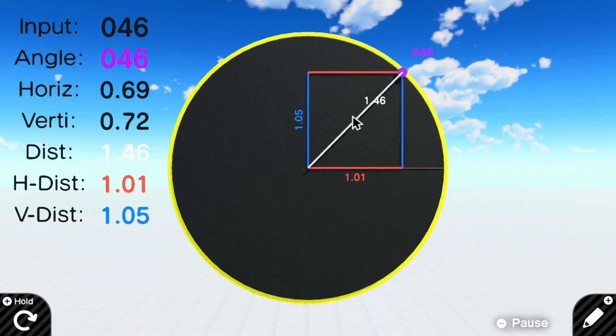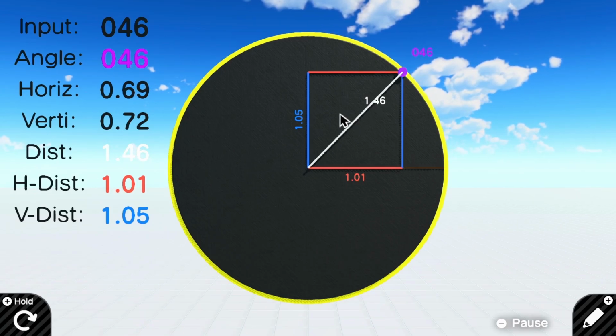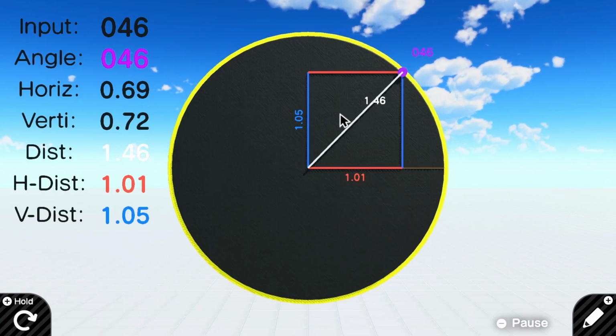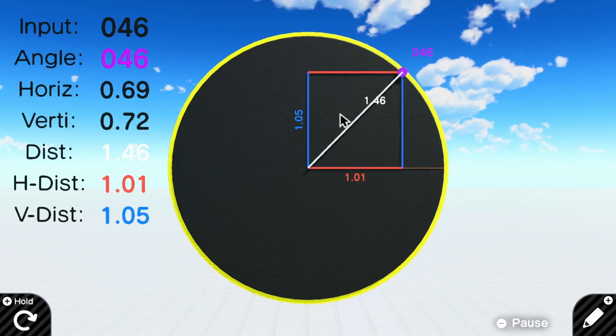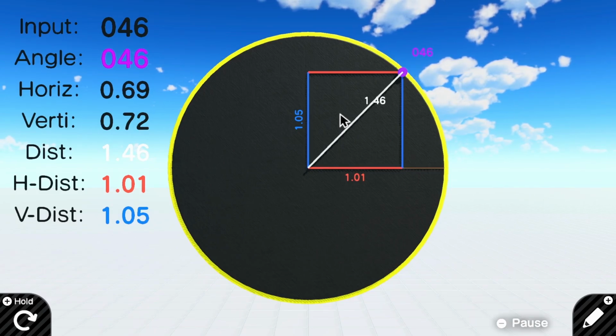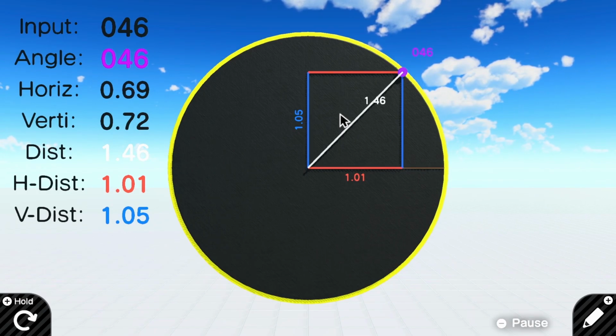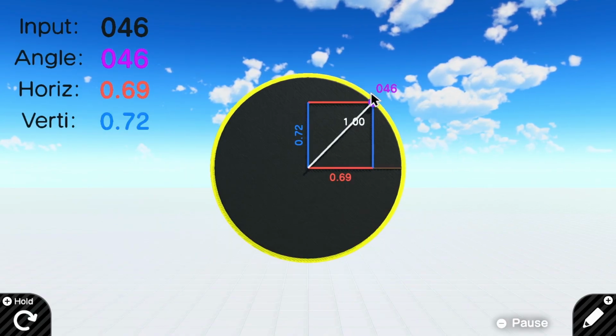So with that type of setup, moving diagonally would actually make me move 40% faster than if I were just moving in one direction. And this is different if I were using a stick input system.